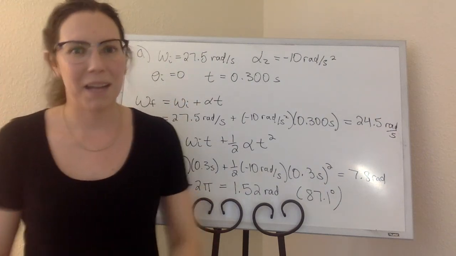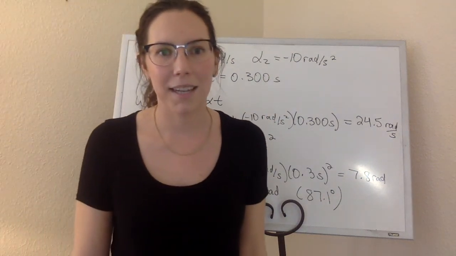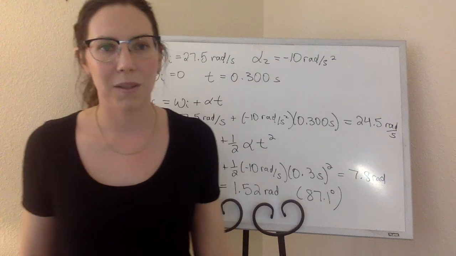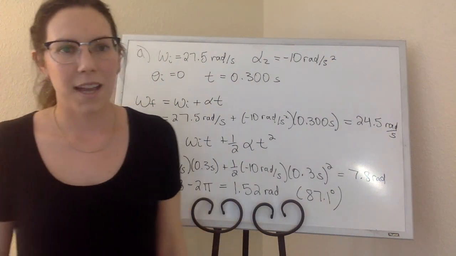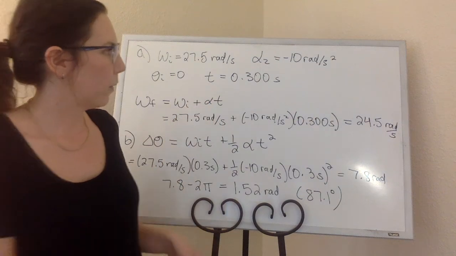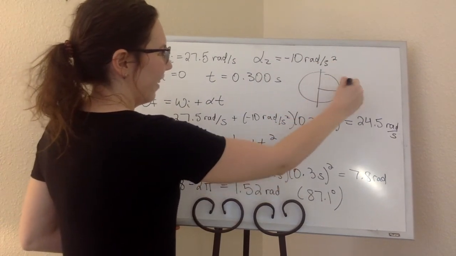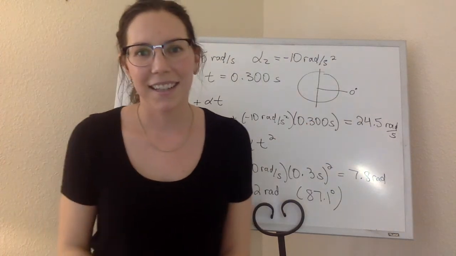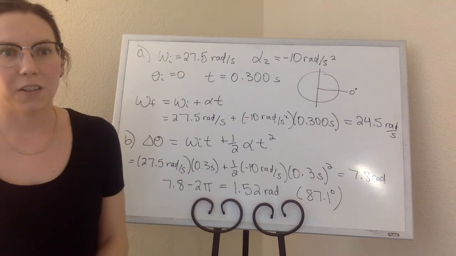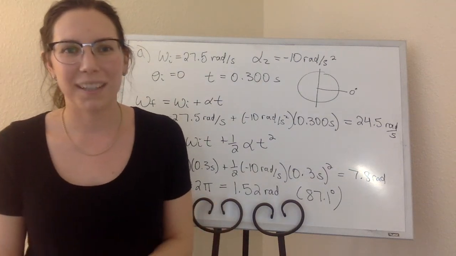It's slowing down at a rate of 10 radians per second squared, and the sign is opposite, as we would expect, to the initial angular velocity to indicate it's slowing down. And it does start at theta i equals 0, so just to draw it, it's starting right here at 0 degrees, 0 radians.